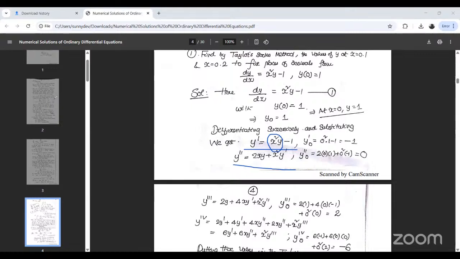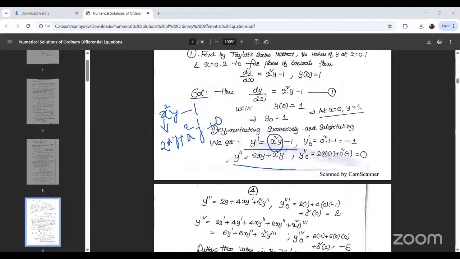The derivation of x square y minus 1 is 2xy plus x square into y dash plus 0.